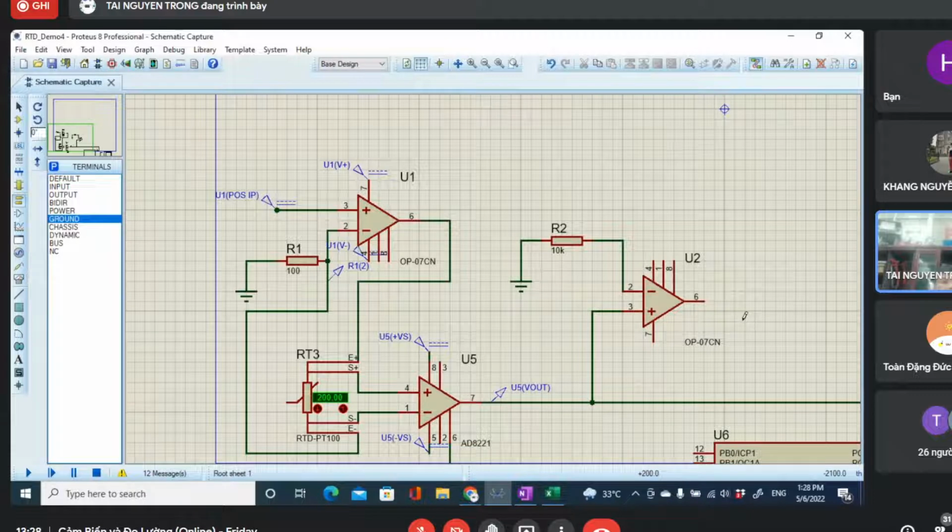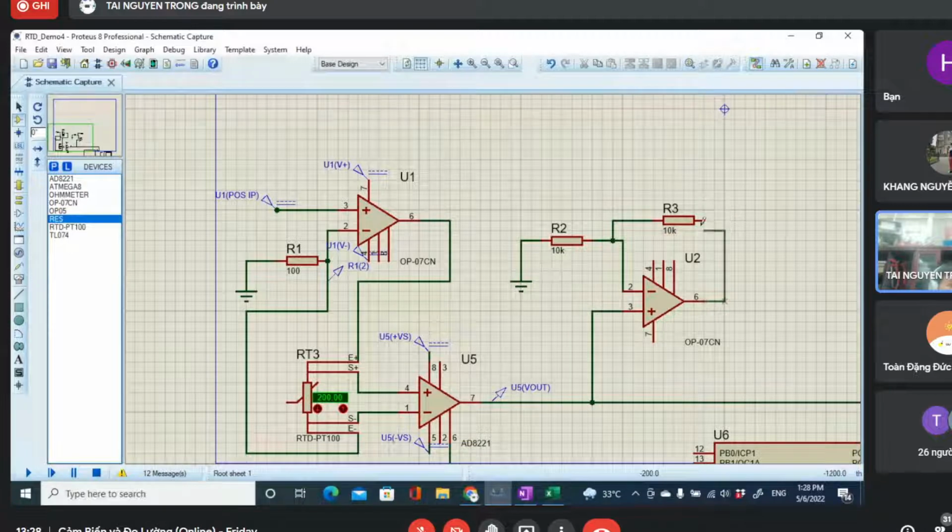Okay, ground here, and one more resistance, and here is the output.